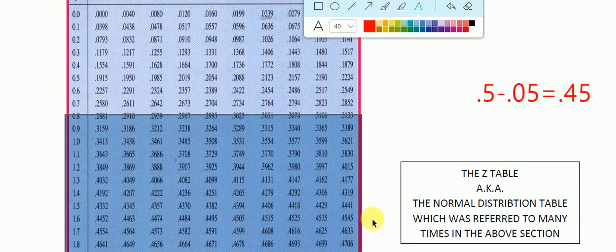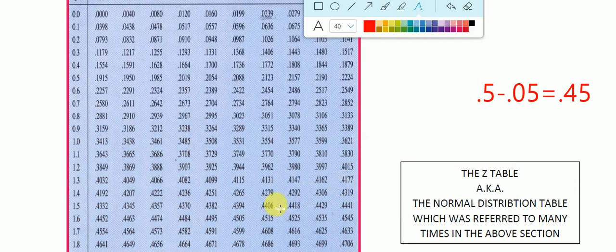Basically people use accurate online tools or computer software to calculate the z values, but here we have this table, which is a conventional method. So we'll see 0.45, which is over here somewhere.